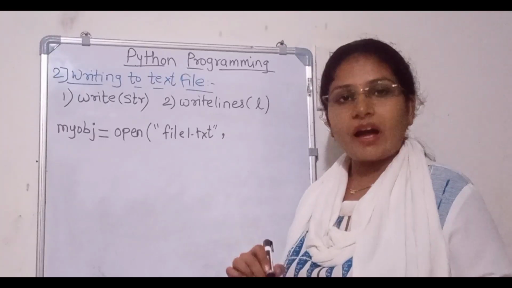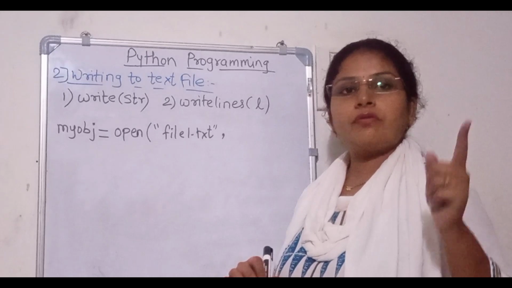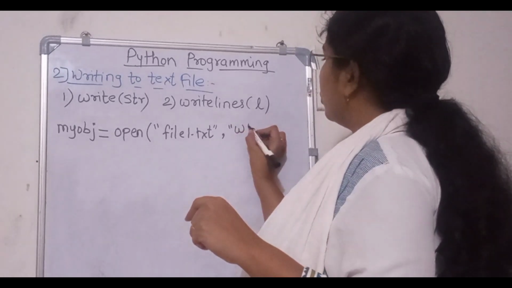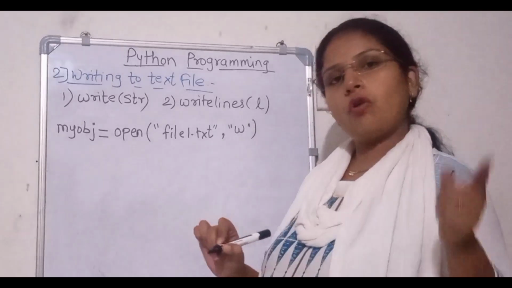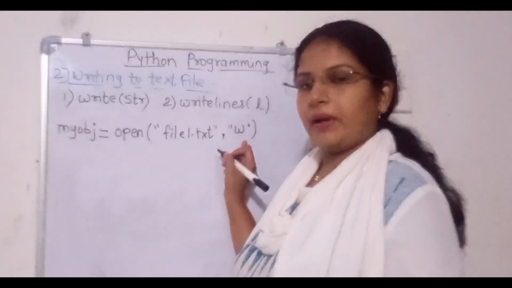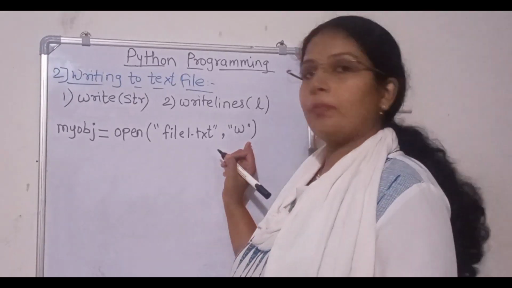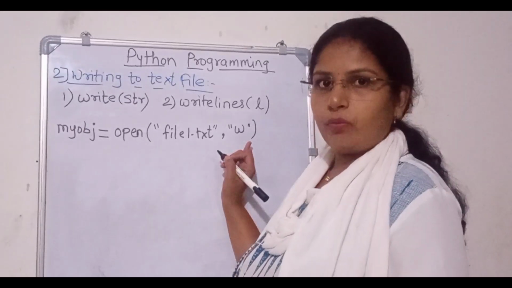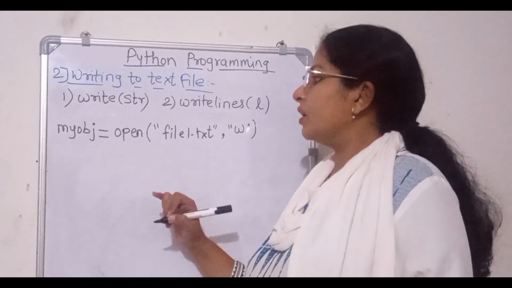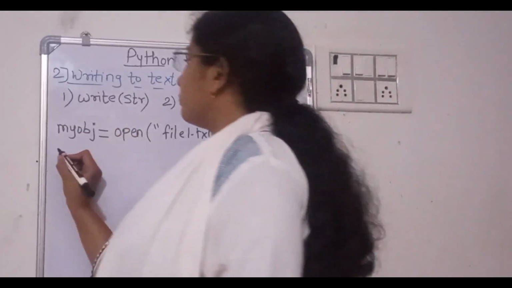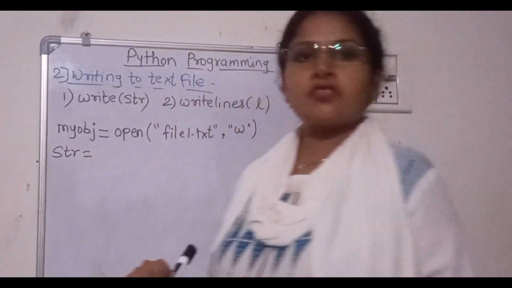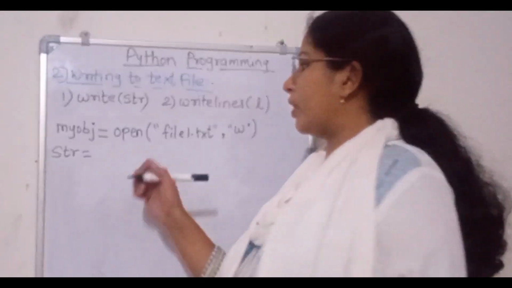Now you are writing to the file, so the file must be opened with the W mode, in single or double quotes, write or append mode. So here I am opening the file with the write mode, so W will be there, and your object is created. Then just create one string to write the content.